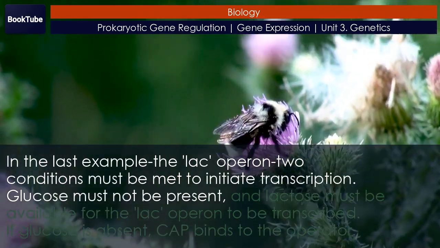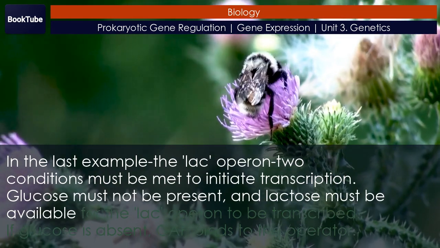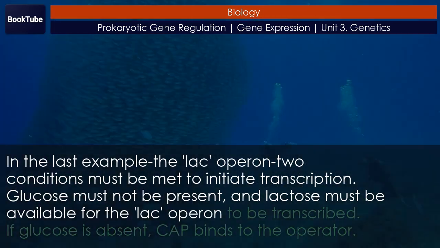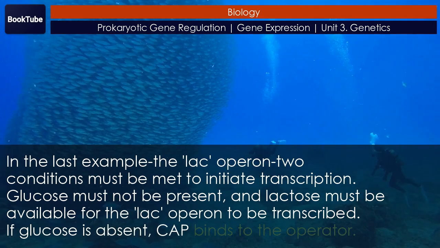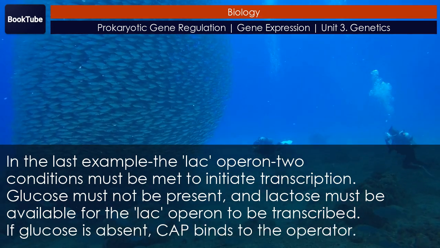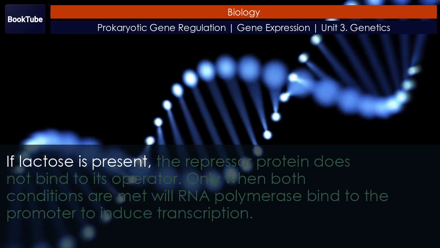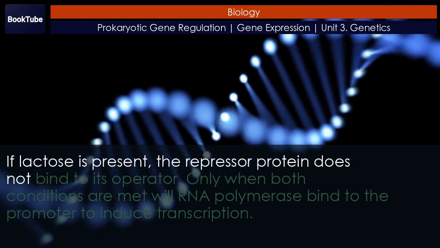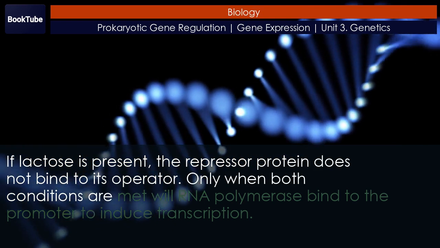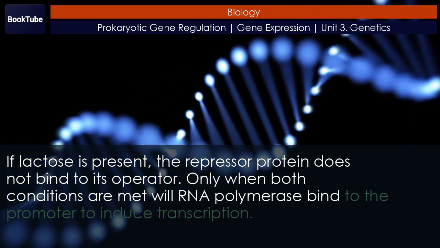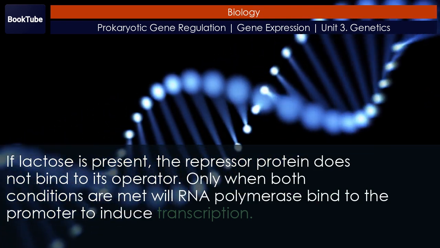Glucose must not be present, and lactose must be available for the LAC operon to be transcribed. If glucose is absent, CAP binds to the operator. If lactose is present, the repressor protein does not bind to its operator. Only when both conditions are met will RNA polymerase bind to the promoter to induce transcription.